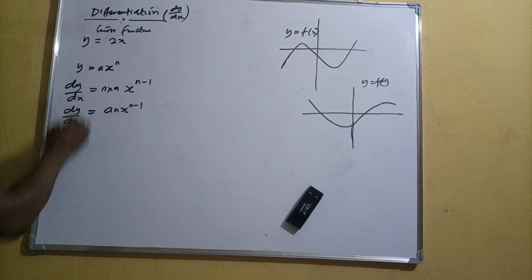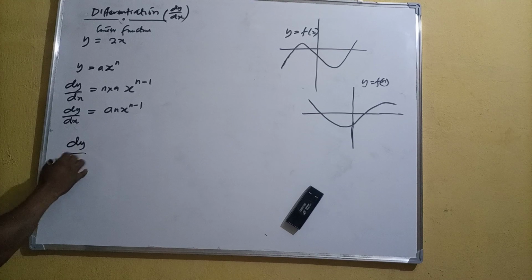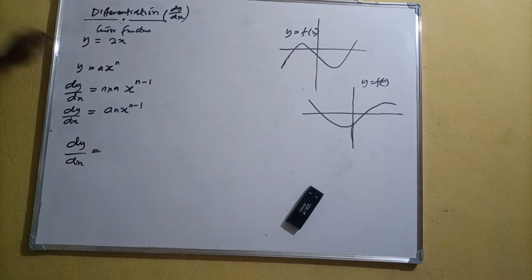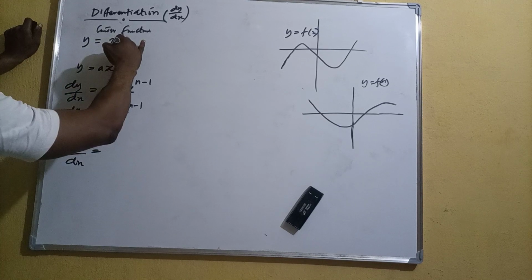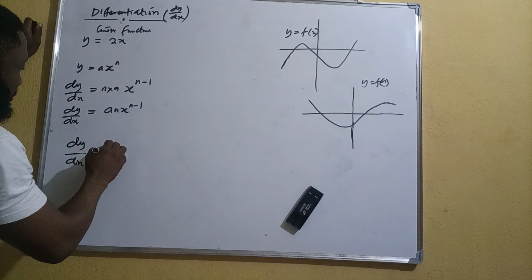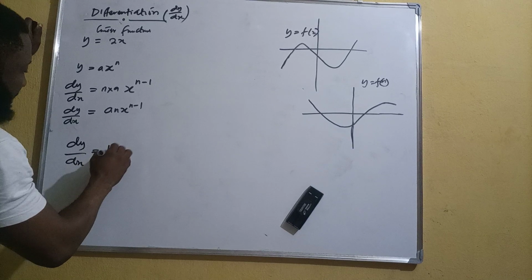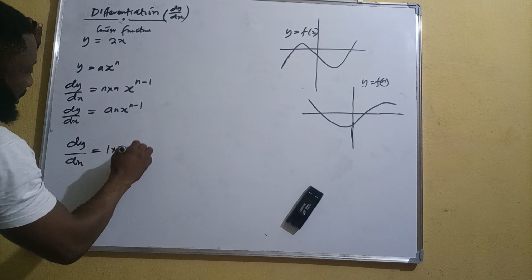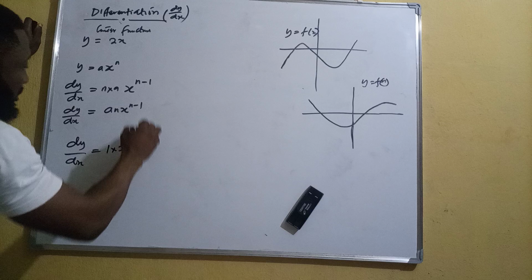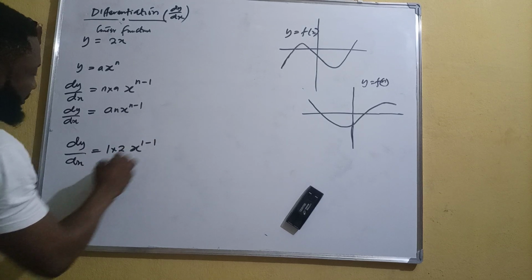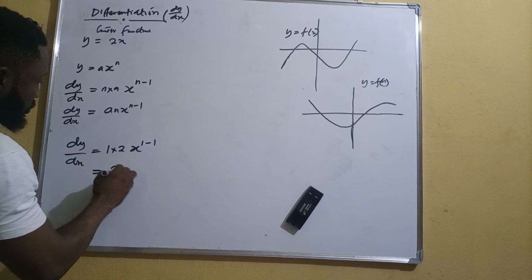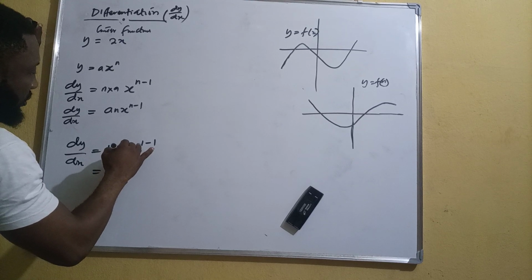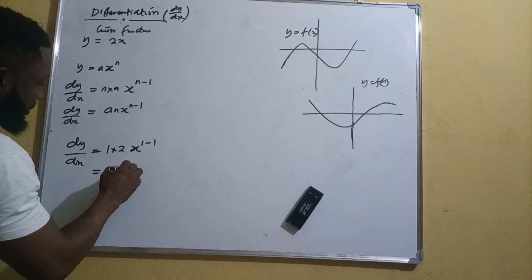we now discover that dy/dx of this function here, the coefficient of x is 2, the power of x is 1. So we're going to multiply 1 times 2, x raised to power, the power is 1, we're going to subtract 1 from it. So 1 times 2 will give us 2, and 1 minus 1 is going to give us 0.